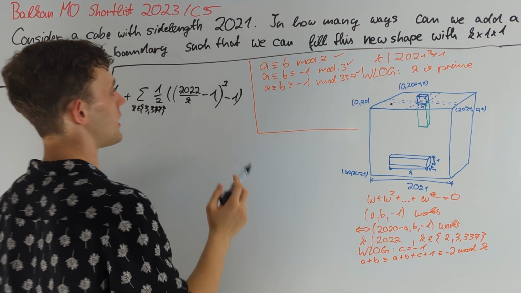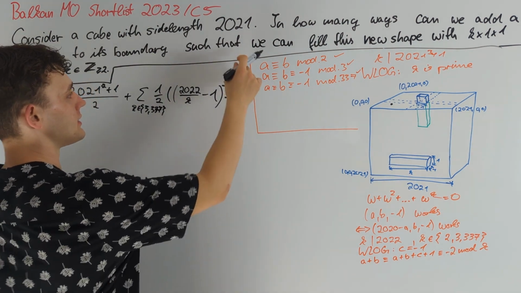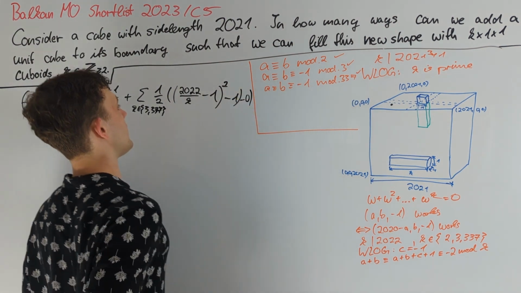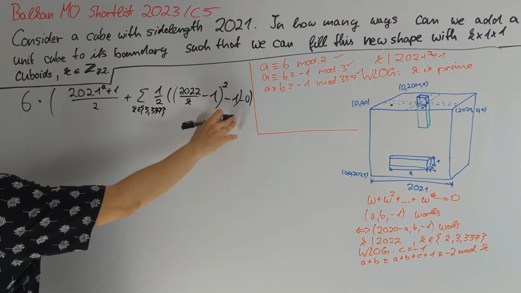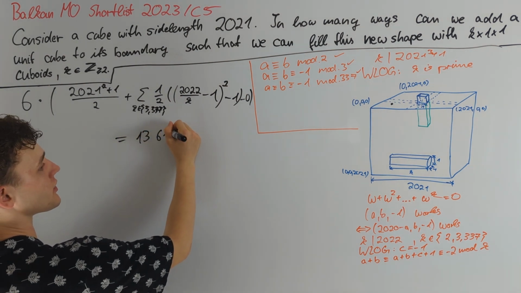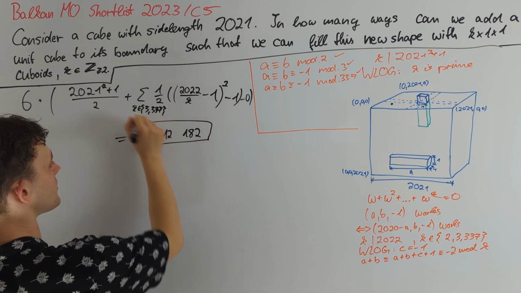But then we also have a congruent to b modulo 2, of course, and therefore there exists no such pair, so we just subtract 0. And this is our final answer. That equals 13,612,182. And therefore, we are done.